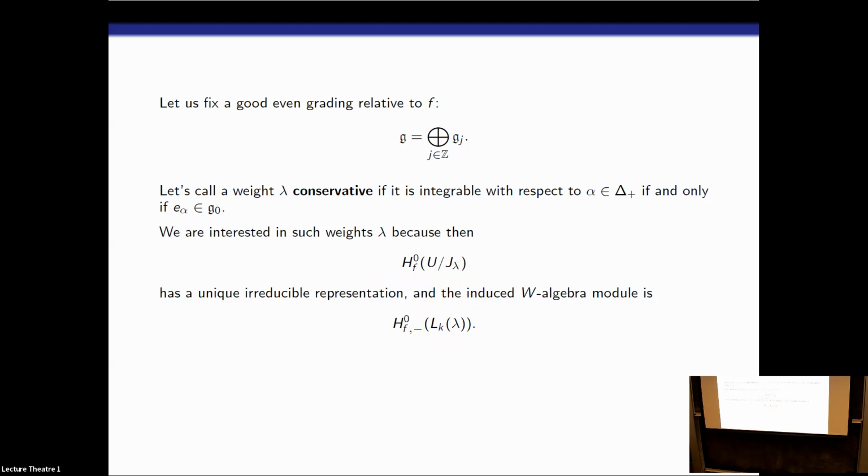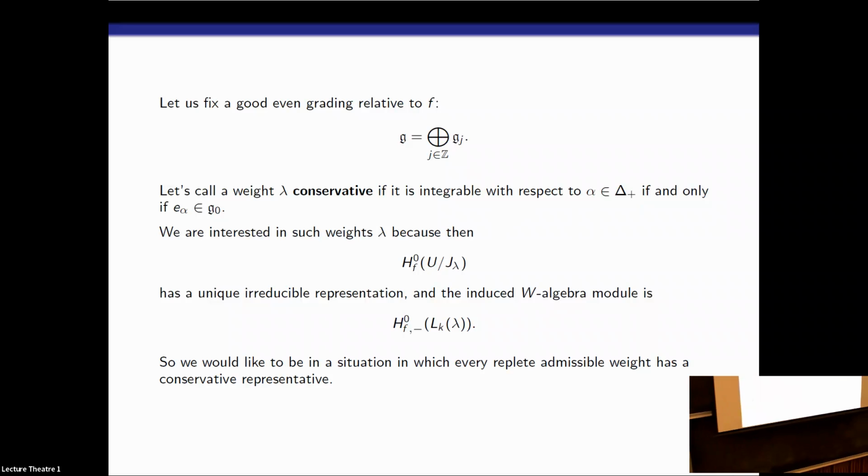You can also prove that that module is precisely a Hamiltonian reduction of some module coming from G hat. So what this means is that for such weights, we have a very concrete description of the corresponding W algebra module, which means in particular there's formulas for the character, which is what we want.